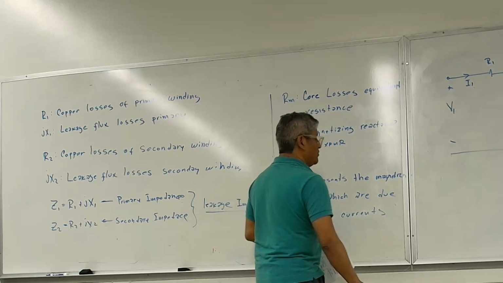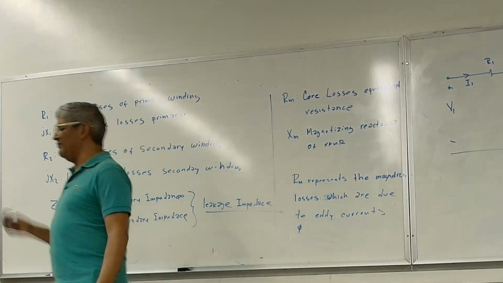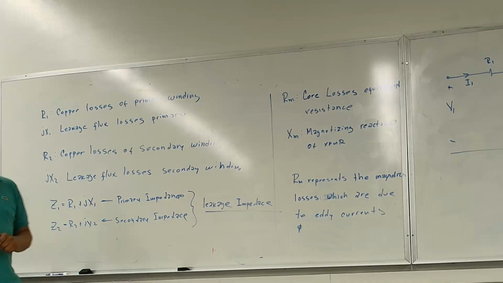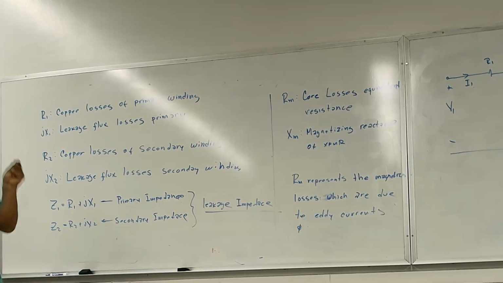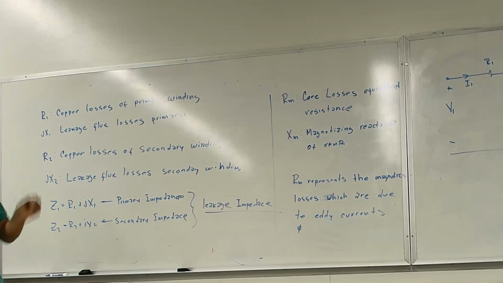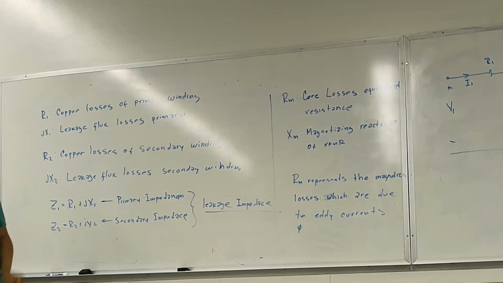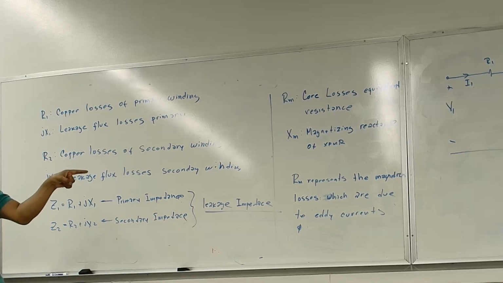And what other losses did we have on the core? We have the eddy current losses and the hysteresis losses, right? So keeping the lamination as thin as possible is going to reduce this RM, right?